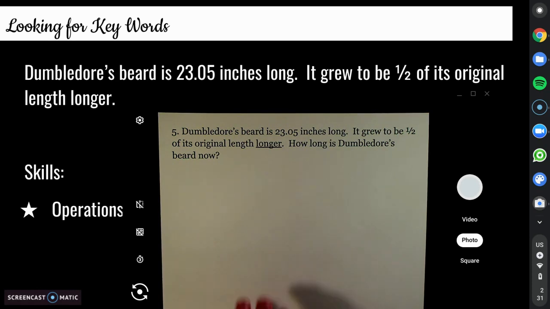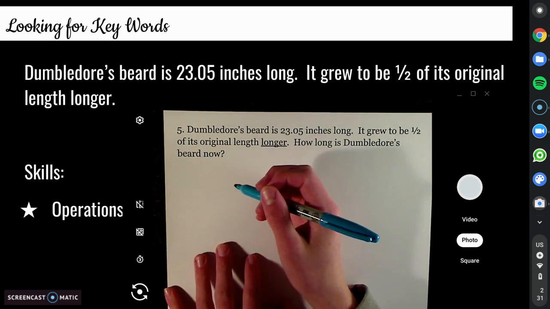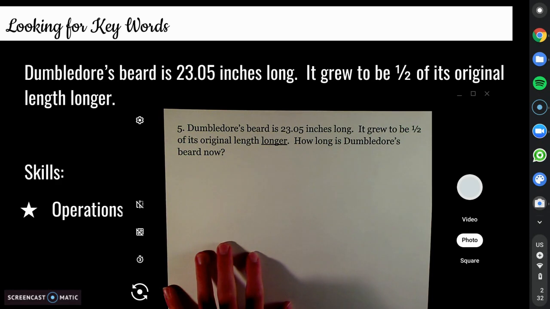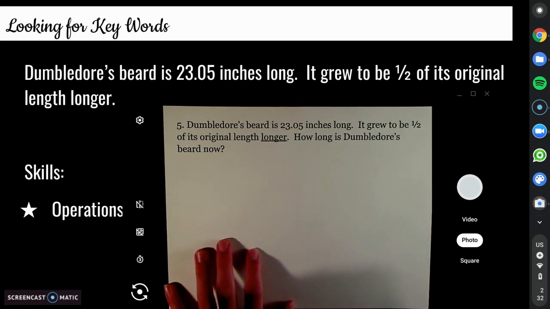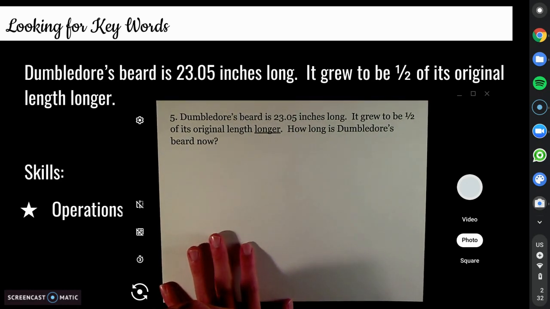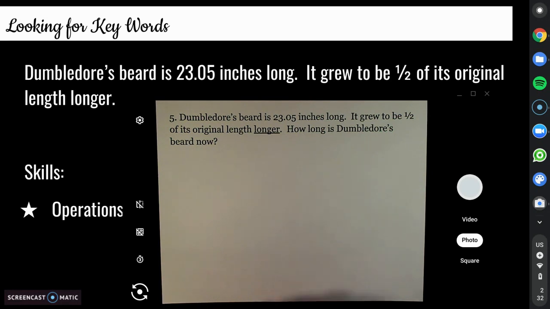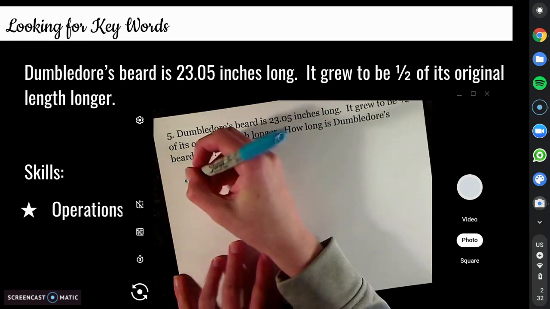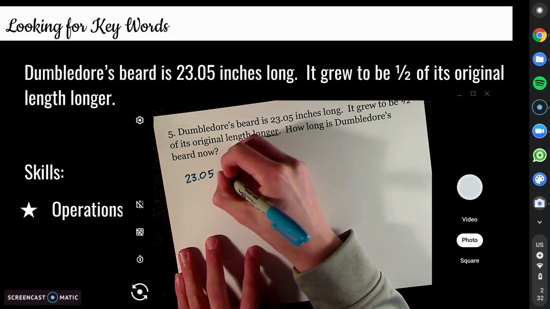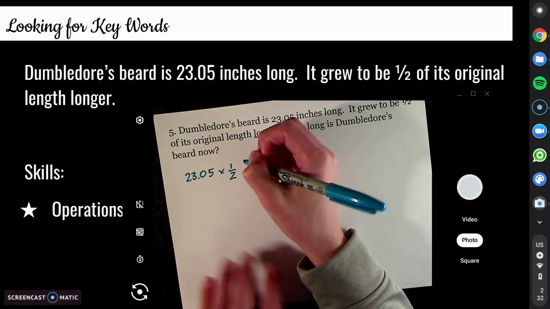So, this is a two-step word problem. Our first step is to figure out what half of its original length was. And our second step is to figure out the new length of it, okay? So let's just do this one, okay? 23.05 times 1/2, because we have of, okay?